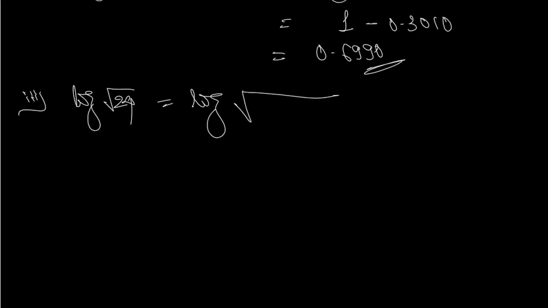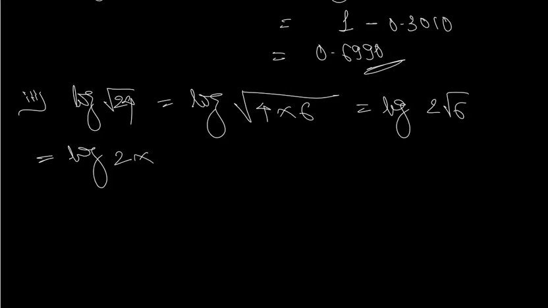What is root 24? 4 sixes are 24. So log of 2 root 6. Okay, how can I simplify log of 2 root 6? Can I write it as log of 2 into root 6? Yeah, I can write it like that.